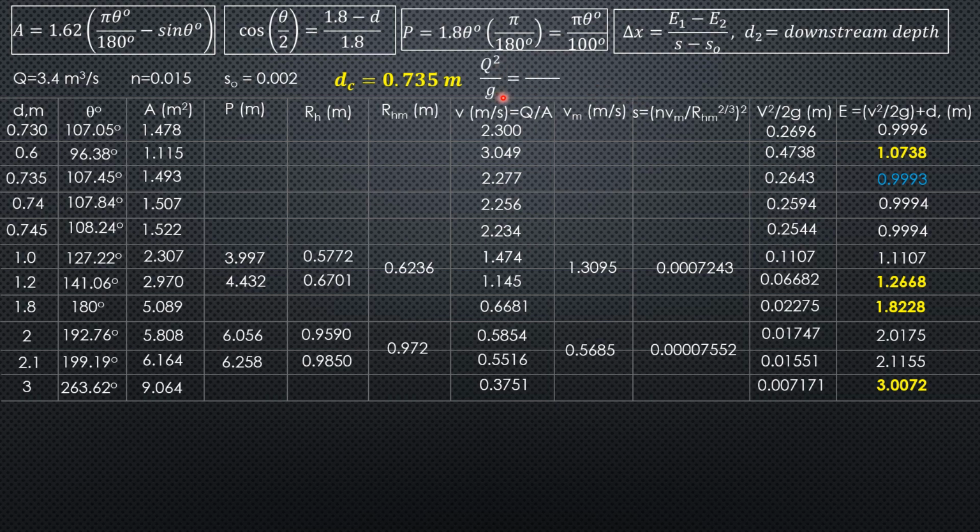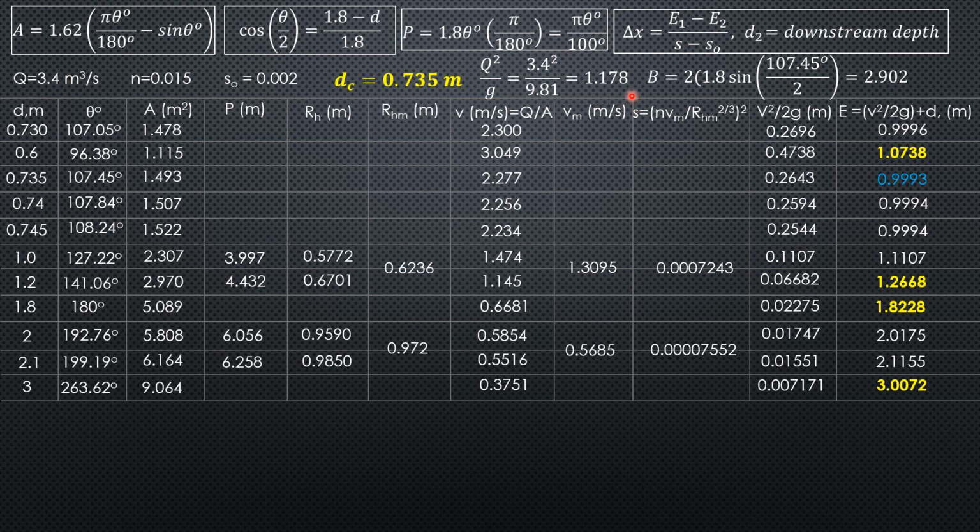This value q squared over g and area cube over top width must be almost close, but because of rounding of values, we'll just expect that they're close or not too close. As long as they're close, then we are validating this answer for critical depth.